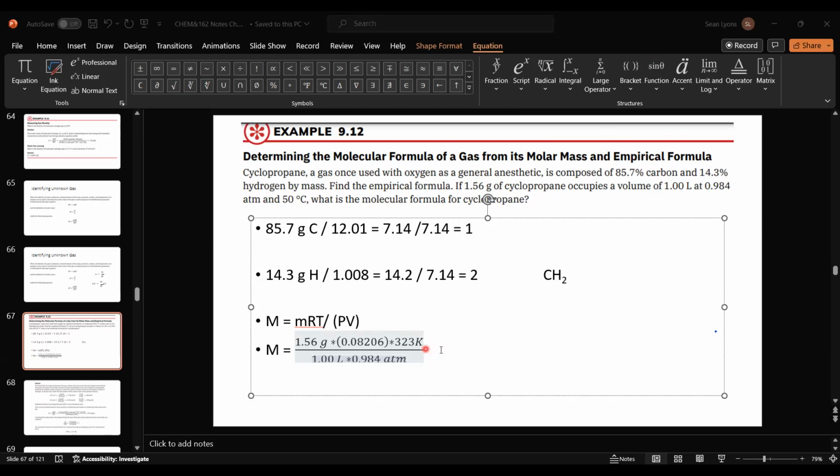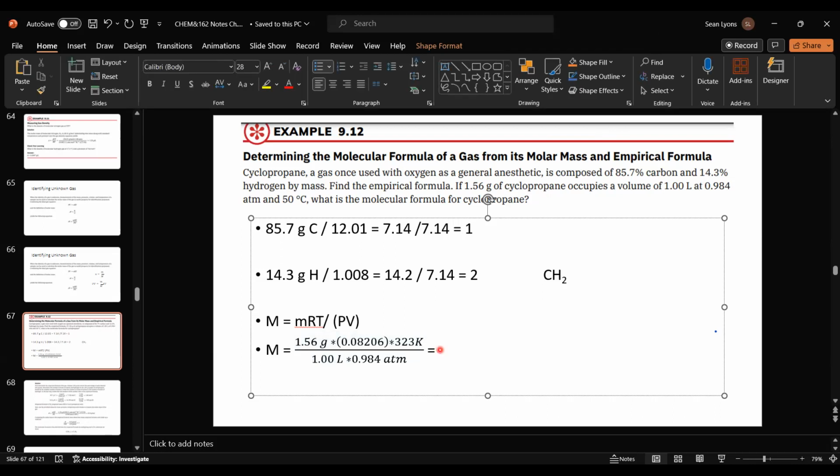All right, now that I've fixed that, we should get a value now of 42 grams per mole. So like I said, initially I got 6,000 just because I had division there, when it should be multiplying on the top, of course. But now we've got an empirical formula of CH2, so 1 carbon for every 2 hydrogens. We've got a molar mass of the actual molecule. Every mole of it weighs 42 grams.